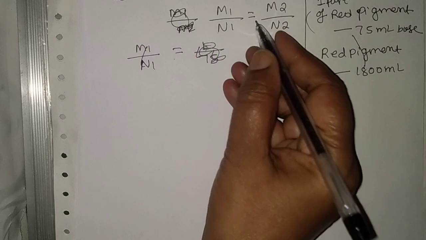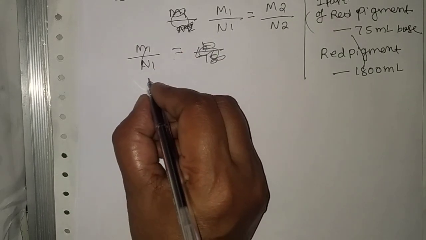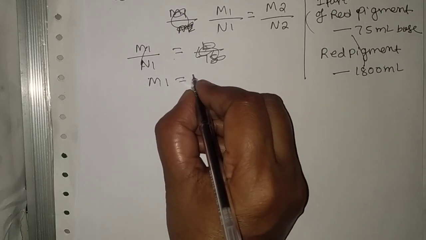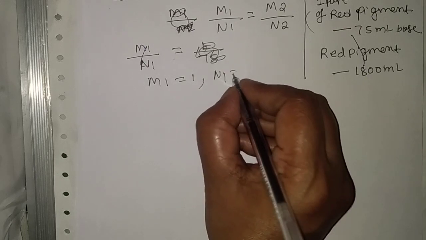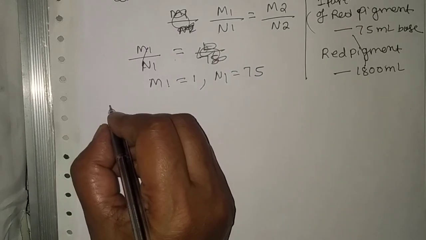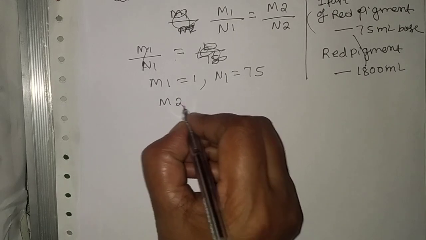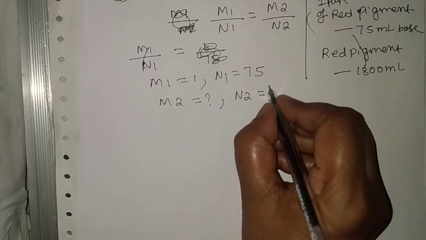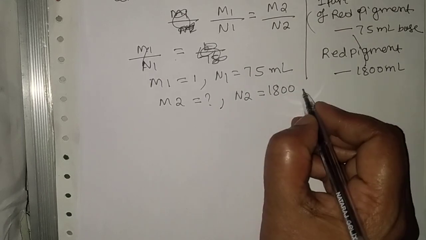I have done some mistake here. Therefore, we'll just write m1 is equal to 1 and n1 is equal to 75. Then they have not given m2. We have n2 as 1800 ml.